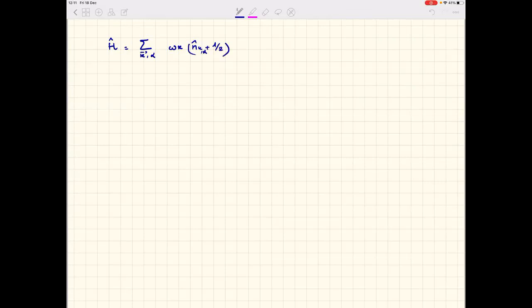Again, it's a bunch of harmonic oscillators. The difference between phonons and photons is that phonons can have three polarizations: two types of transverse phonons and one longitudinal phonon, which is the sound mode, the standard sound compression mode.